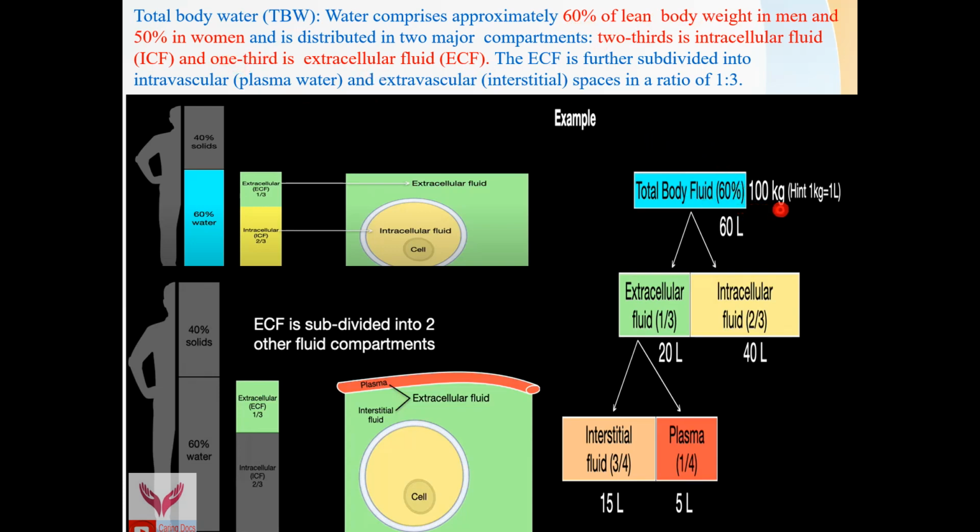So in this 100 kg man, if he has 60 liters of water, then 2/3 is the intracellular fluid, that is 40 liters, and the extracellular fluid is only 1/3, that is 20 liters, out of which 3/4 is the interstitial fluid, that is 15 liters, and 5 liters or 1/4 is the fluid which is present in the vascular compartment, that is plasma.